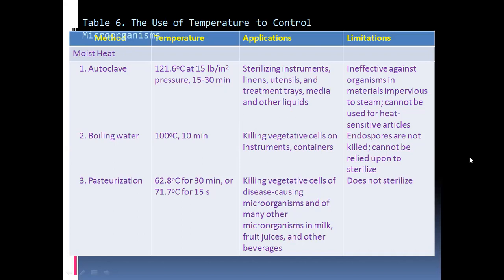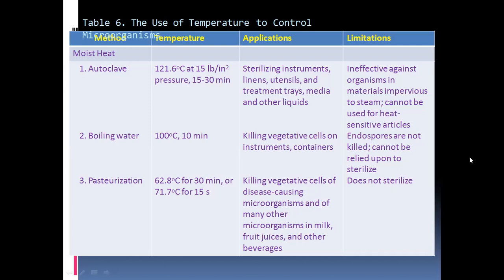And at this temperature and pressure, 15 to 30 minutes exposure will sterilize various instruments, linings, utensils like surgical instruments and treatment trays, media like culture media, microbial media, or other liquids. So this is the speciality, this is the application of the autoclave.